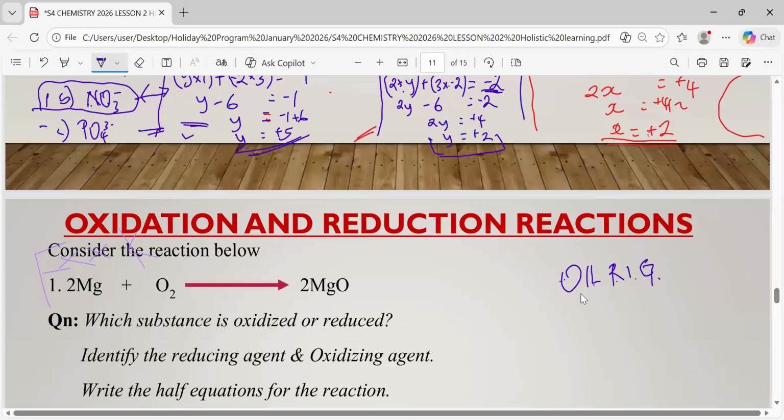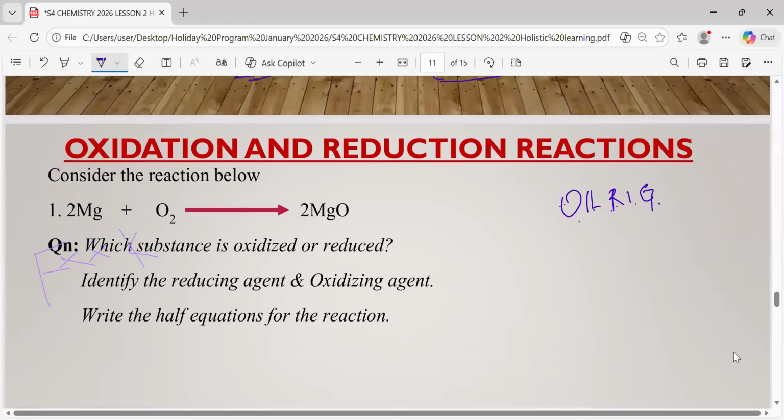So oxidation is loss of electrons, while reduction is gain of electrons. Is it clear? Yes, thank you. But that is in terms of electrons. Then we have it in terms of oxygen and in terms of hydrogen. I shared that document for the first lesson. You can also go through it, and even the session is already there on YouTube. Check in the group, they already shared it there.